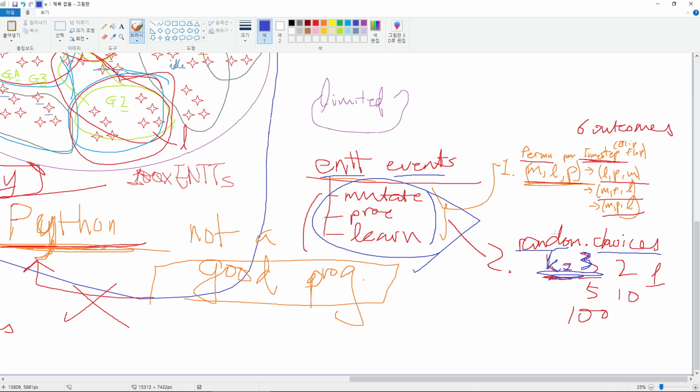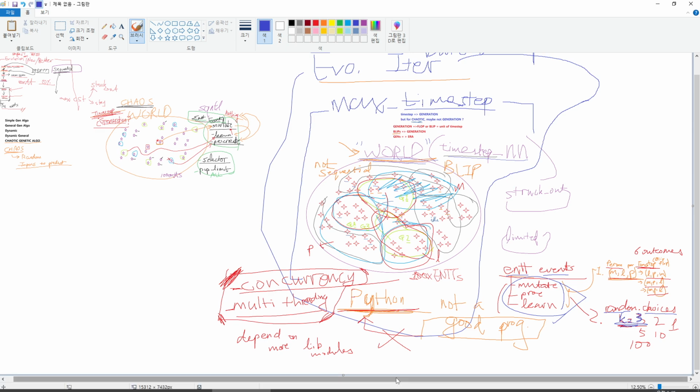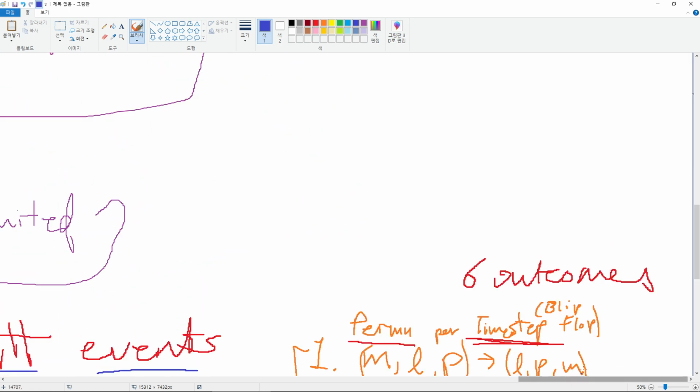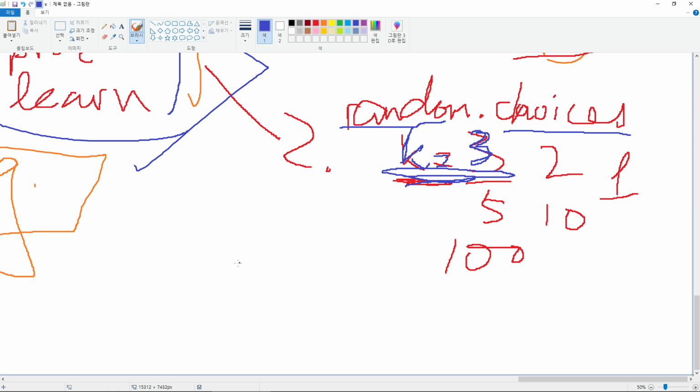So for instance, since it will be chosen with replacement, what this can look like, if k is 3, is it could be mutate, mutate, and mutate, possible. It could be learn, mutate, learn, or learn, mutate, mutate.